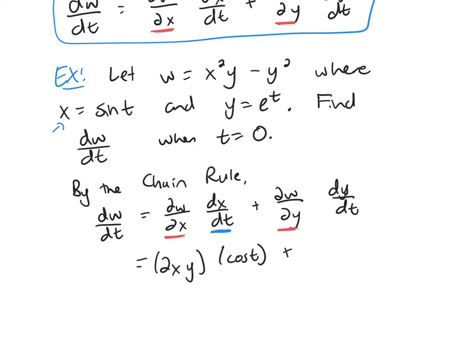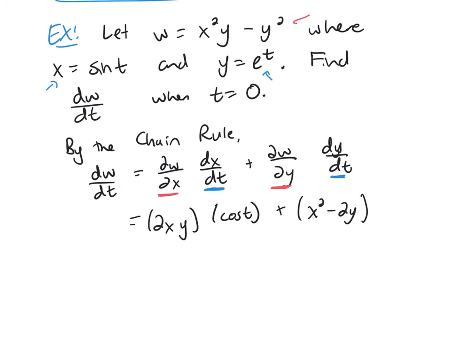Now we need the partial derivative of w with respect to y. The derivative would be x squared minus 2y. And then I need the derivative of your y equation with respect to t. The derivative of e to the t is e to the t.